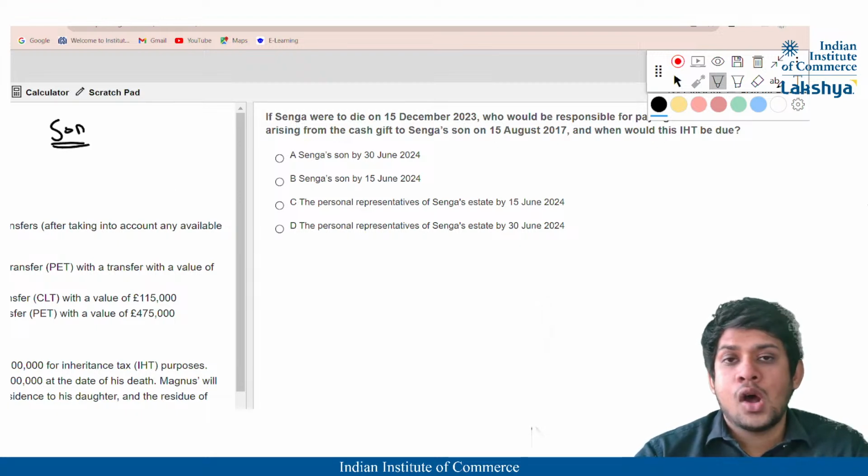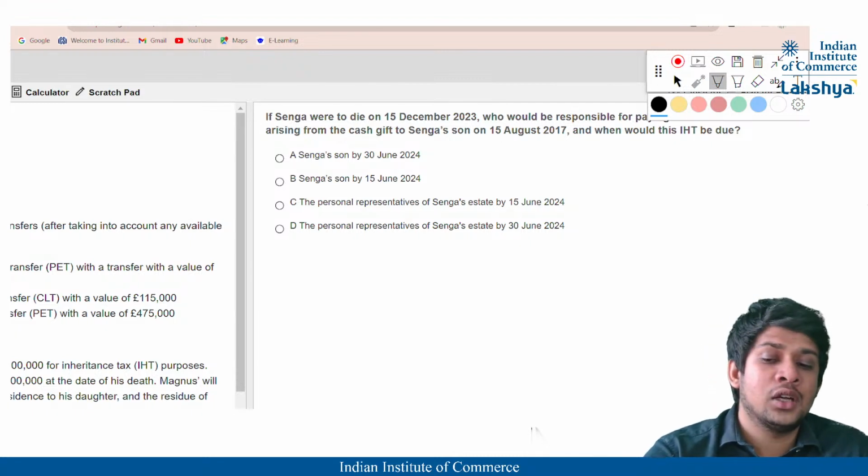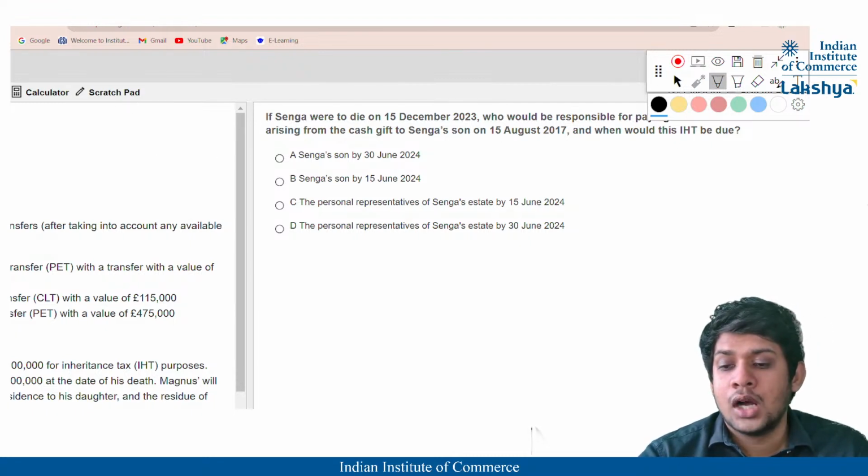When will he pay? On the death, the amount should be paid by the month end of death. From that, 6 months later, by that date, you are supposed to pay. She died on 15 December 2023, so the month end of death is 31st December 2023.